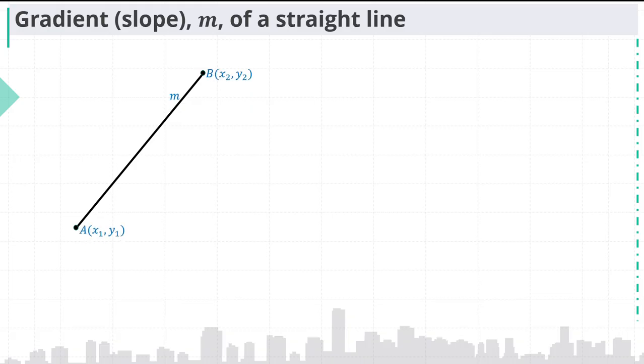This means that the gradient or the slope of a straight line is denoted by the letter m.